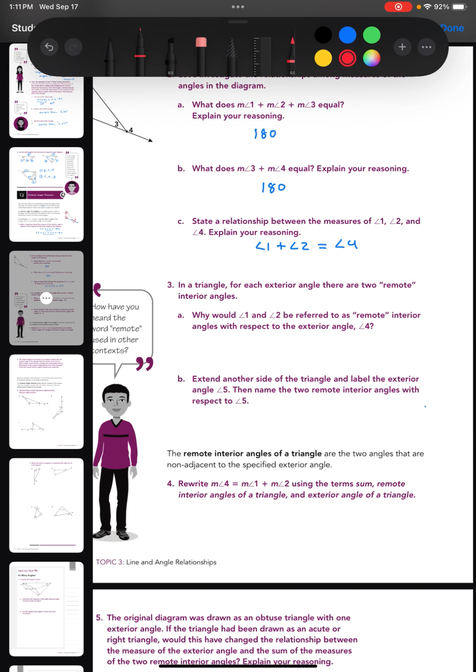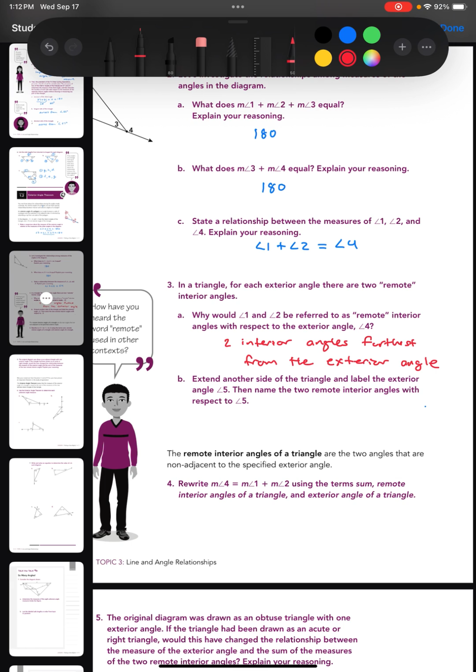Why would 1 and 2 be referred to as remote interior? They're the 2 interior angles furthest from the exterior angle we've identified.